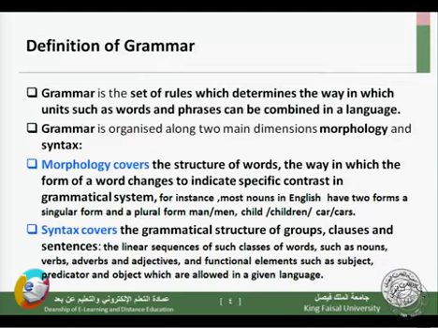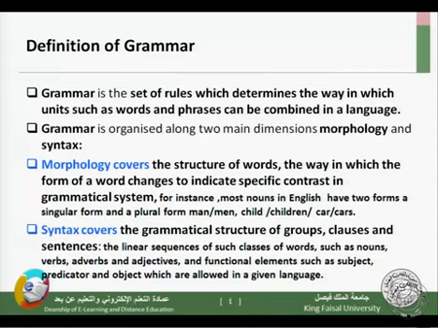When you are thinking grammatical, you are thinking of morphology and syntax. These are technical terms, and you being an English language teacher or a linguist or a translator, you need to know such terms. Morphology means words. Syntax means grammar. But let's see what they cover.